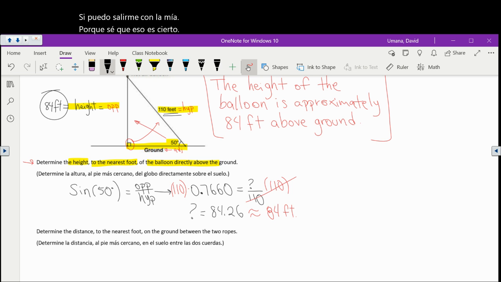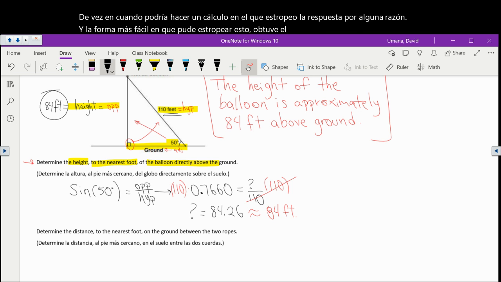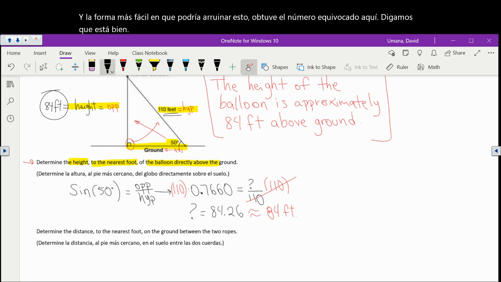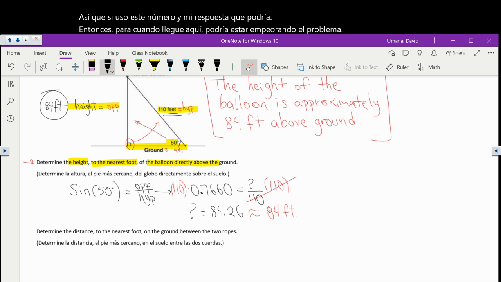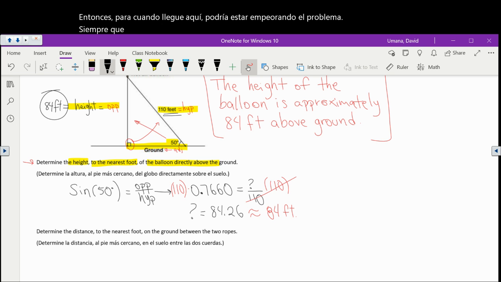Every so often, I might do a calculation where I mess up the answer for some reason. The easiest way I could mess this up, I got the wrong number here, let's say. So if I use this number in my answer, which I could, then by the time I get over here, I might just be making the problem worse. So whenever possible, use the original stuff they gave.